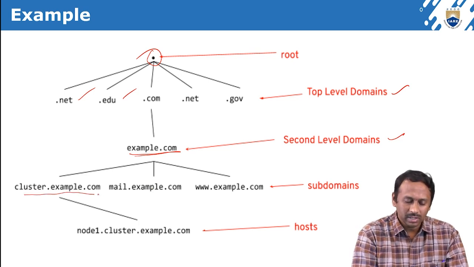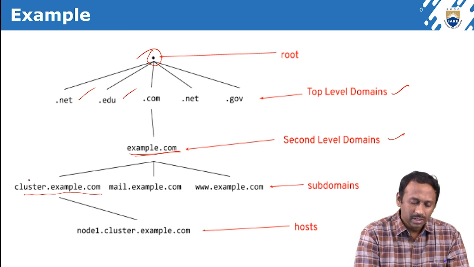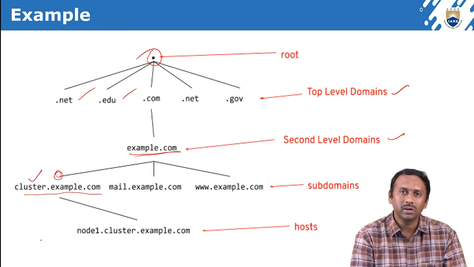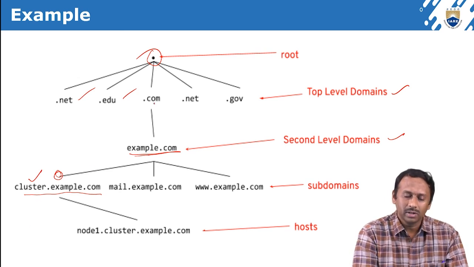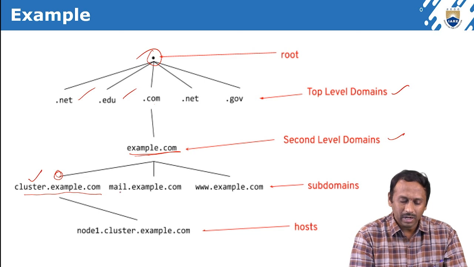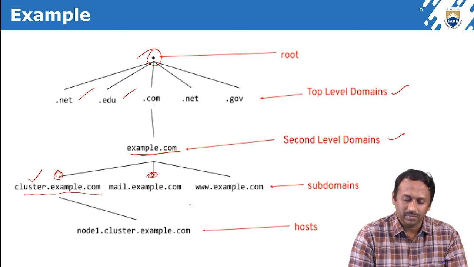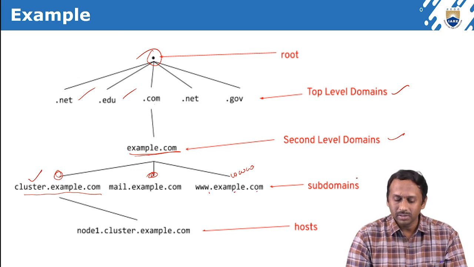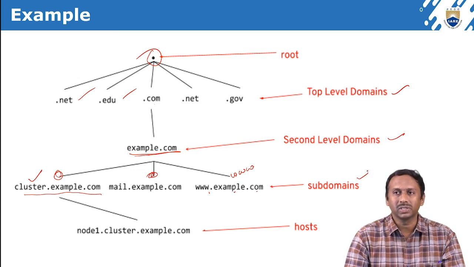For example, cluster.example.com, so this particular node is called cluster. Then mail.example.com, and here www is there, and this address is www.example.com. This is a subdomain representation.